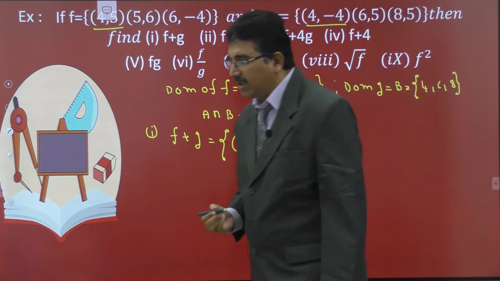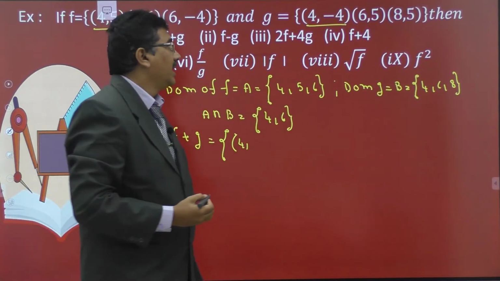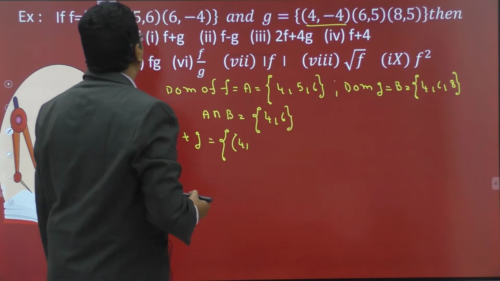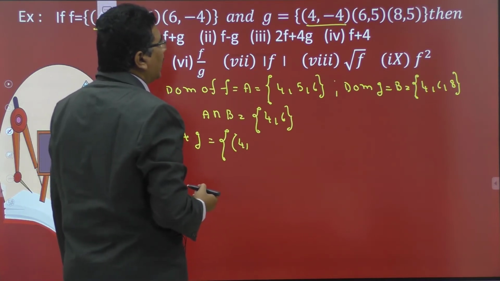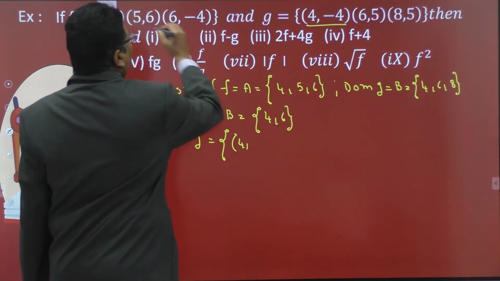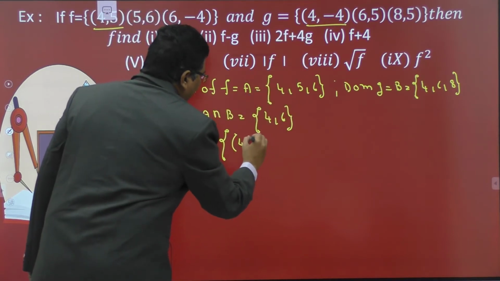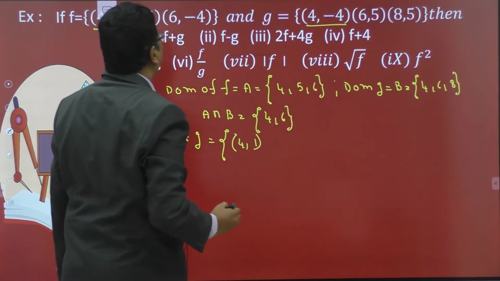So (4, ...), adding the second components, 5 plus minus 4 is 1, so (4, 1).